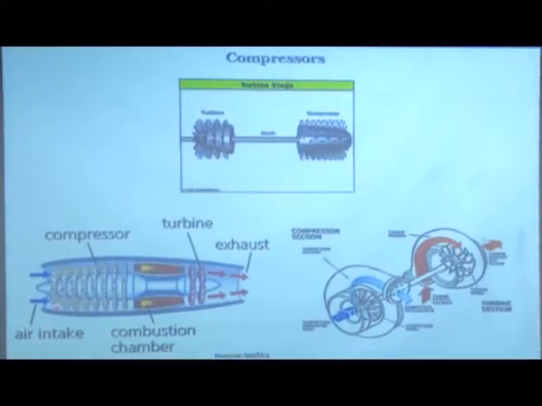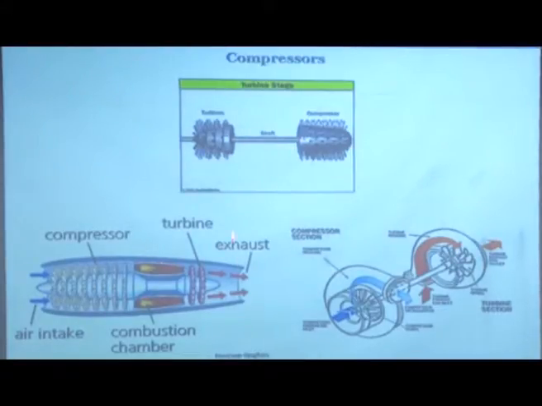In the jet engine you take the air in, it passes through the compressor where it gets compressed, then it passes through the combustion chamber where the fuel is injected, temperature and pressure increase, and then it passes through the turbine and the hot exhaust gas goes out. The power produced by the turbine is used by the compressor for compressing. Here, a turbocharger is a jet engine minus the combustor.